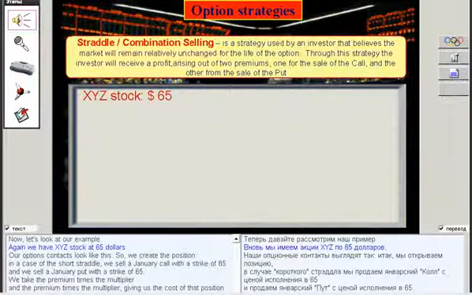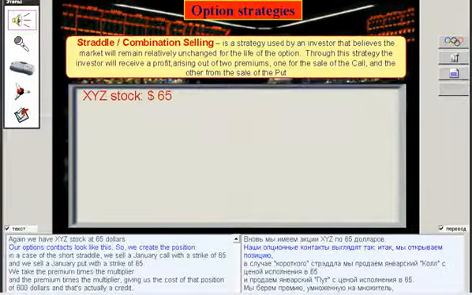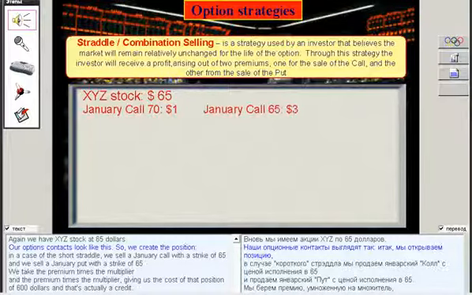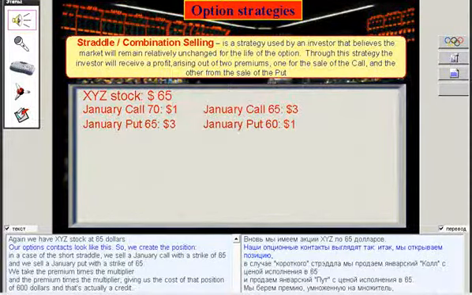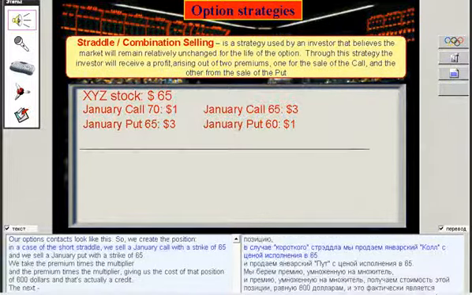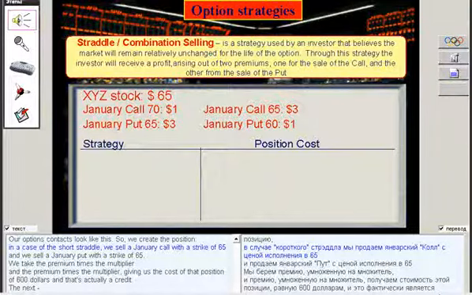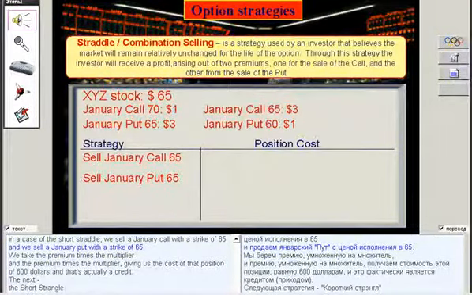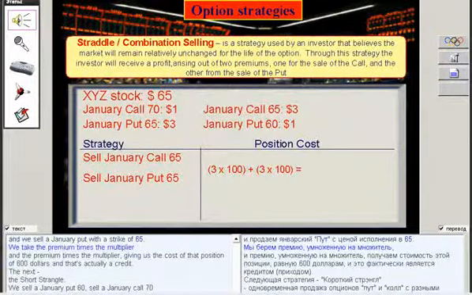Again, we have XYZ stock at $65. Our options contracts look like this. So we create the position. In the case of the short straddle, we sell a January call with a strike of 65, and we sell a January put with a strike of 65.